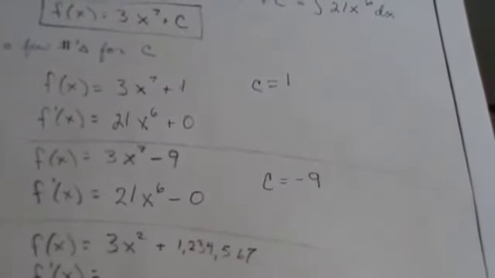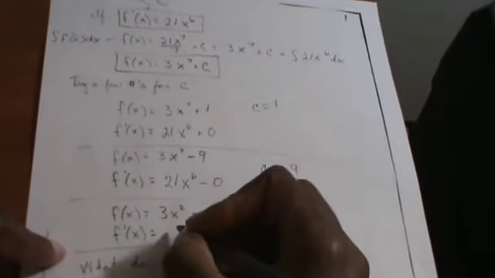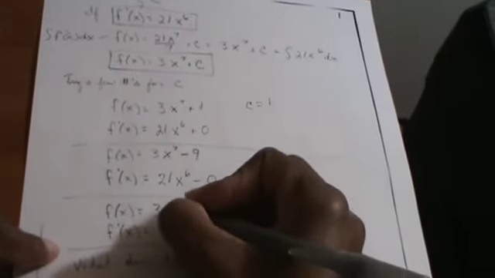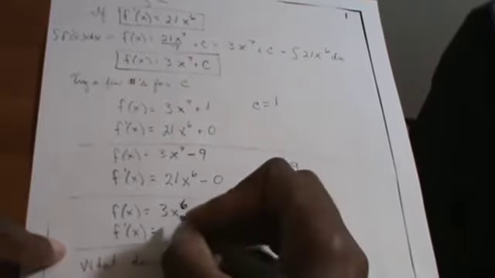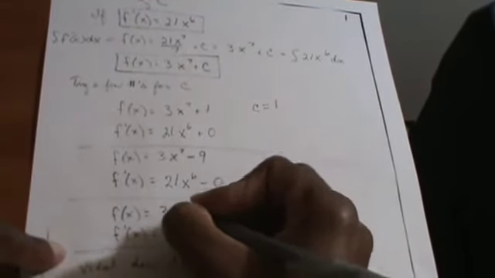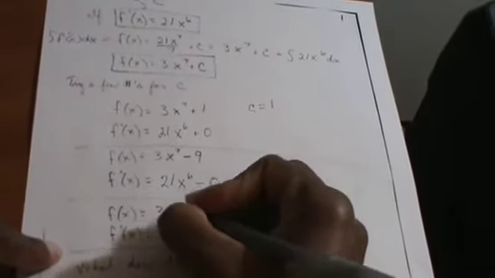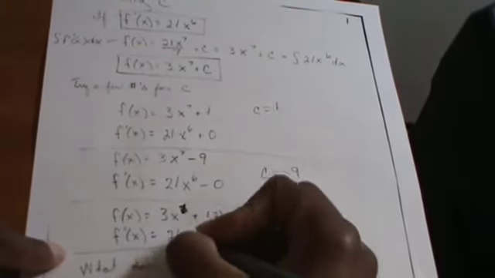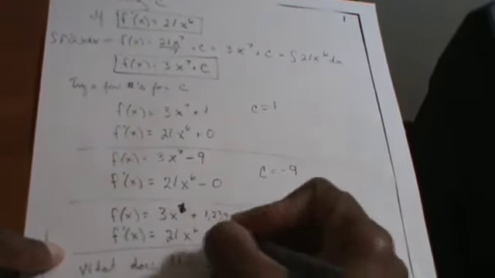And then I asked you, could c be 1,234,567? What would happen when I take the derivative? It should be to the 7th, rather than the 6th, so please correct that. It's a little hard to read. So this is 21x to the 6th power plus 0, right?